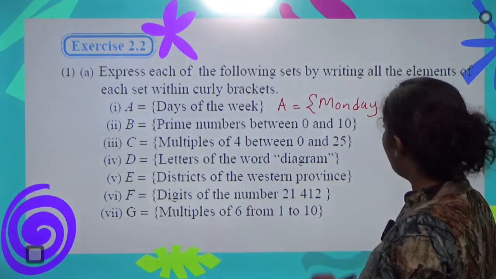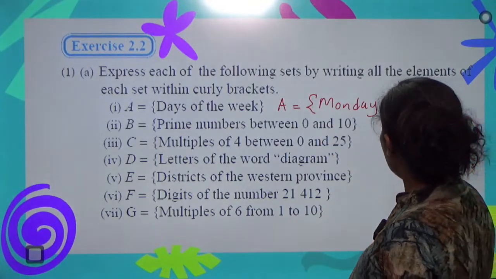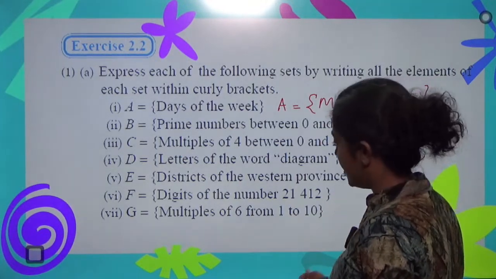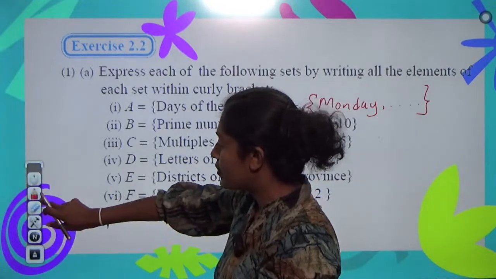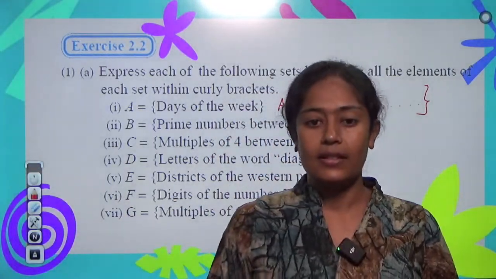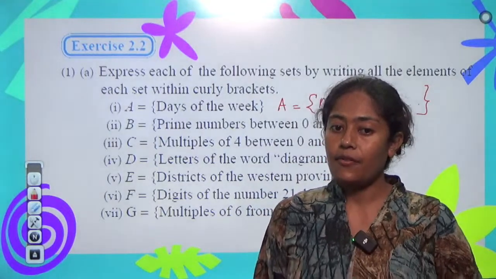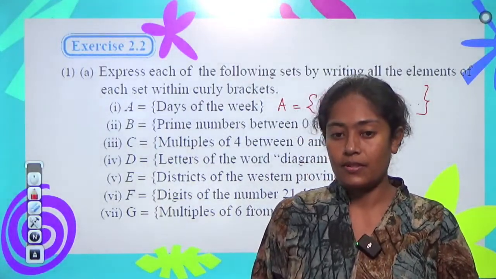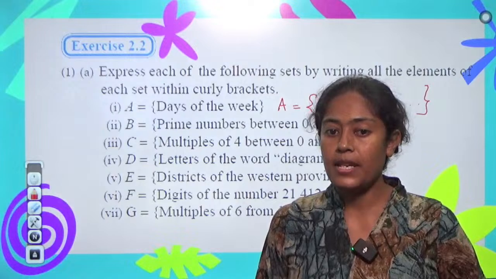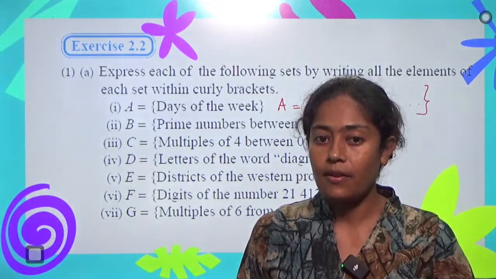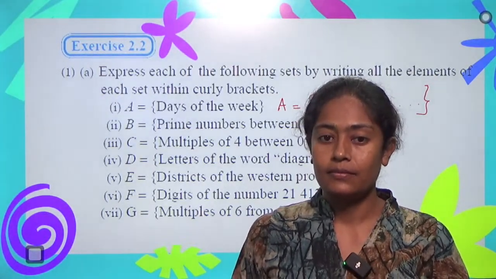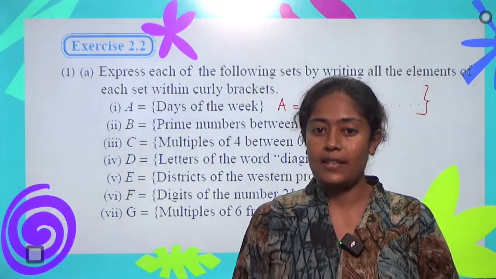I didn't write all. So from Monday to Friday you have to write. Sorry? Saturday and Sunday. Days of the week. That means weekdays they are asking, no? Both are okay then.